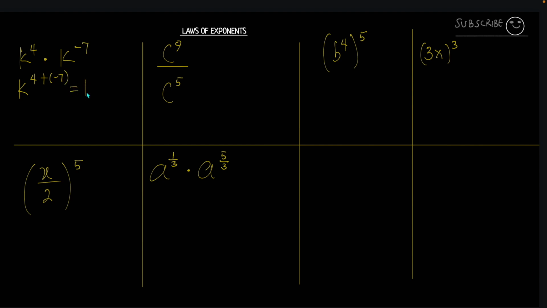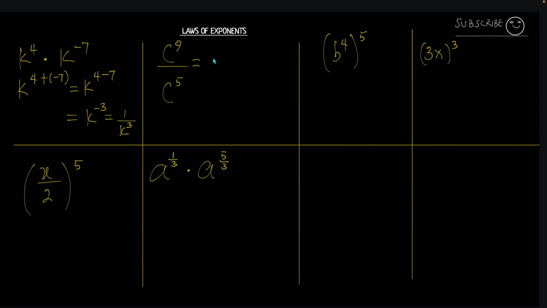So this equals k to the power of 4, positive, negative, that's negative. So we have k to the power of -3, which can be rewritten as 1 over k to the power of 3.